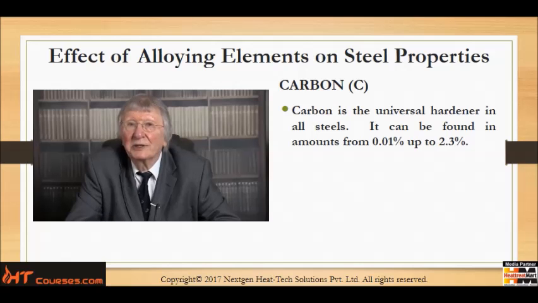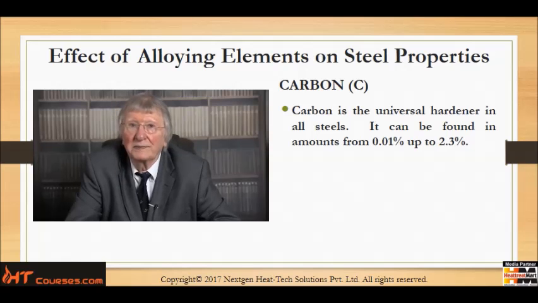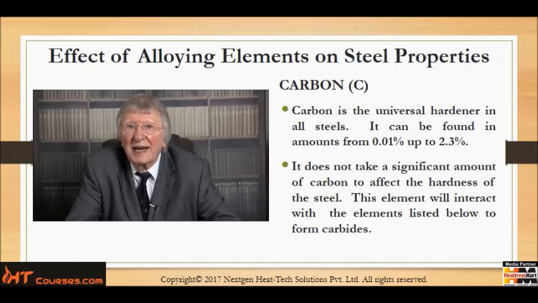After that, the steels are still steels because they're a mixture of iron and carbon, but we classify those steels that are greater than 2.3% carbon as cast irons. An interesting fact about the steels is that it does not take a significant amount of carbon to affect the hardness of the steel and also the mechanical properties.